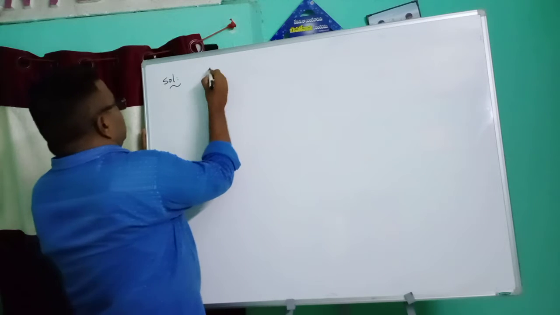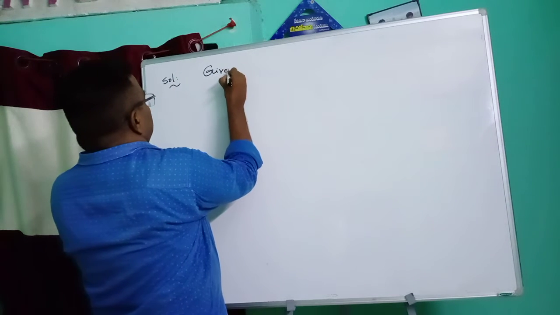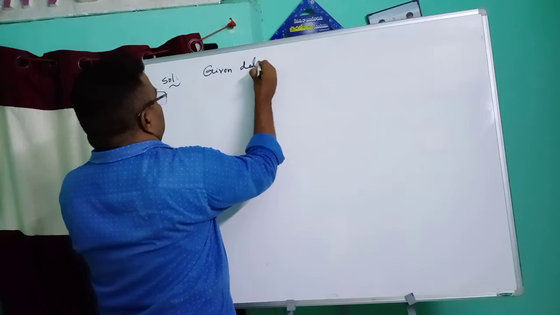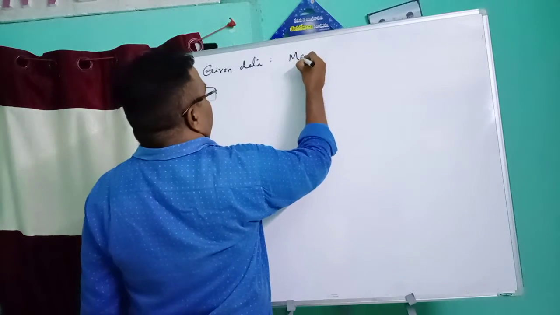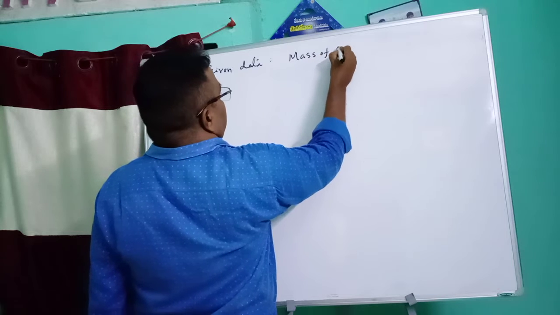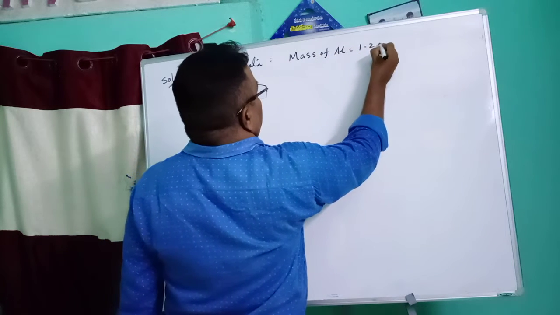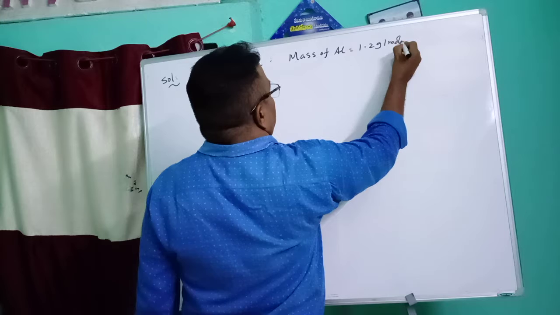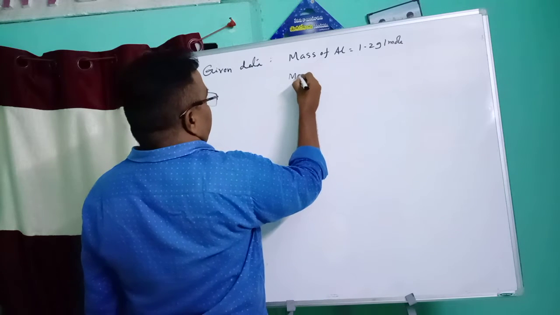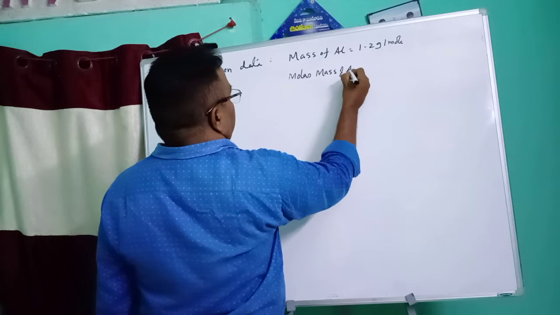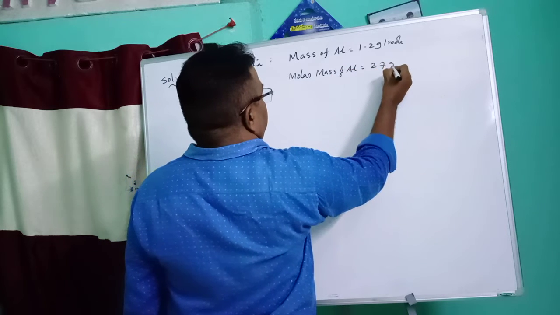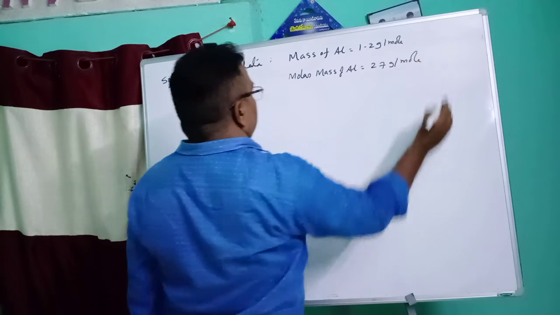So the solution. The given data: first one is mass of aluminum equal 1.2 gram. Molar mass of aluminum, we know, is 27 gram per mole.